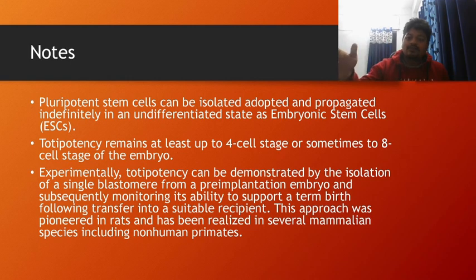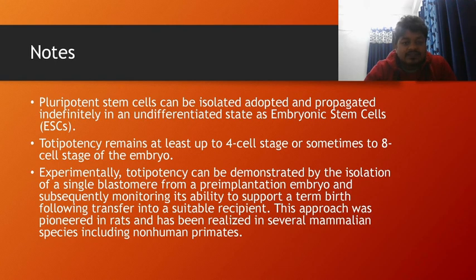So till the 4 cell stage or the next stage, the 8 cell stage, from 1 to 8, this is the totipotent stage of the stem cells. All these cells are totipotent in nature. There is a little controversy about whether we should call the zygote totipotent or not. We can learn about it in later videos.